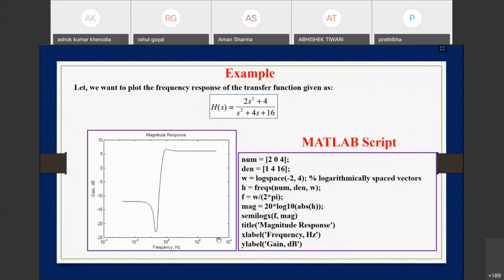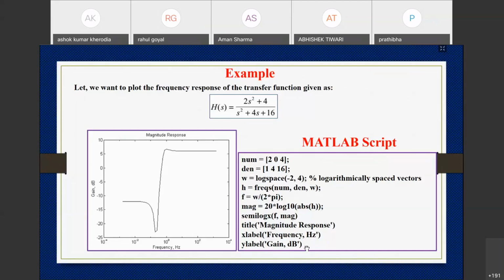So I'm writing semilogx(F, ...) and plotting frequency on the x-axis and magnitude on the y-axis. Then I'm doing some other work to have a proper graph: giving the title, magnitude response, denoting the x-axis as frequency in hertz, and the y-label as gain in decibel.